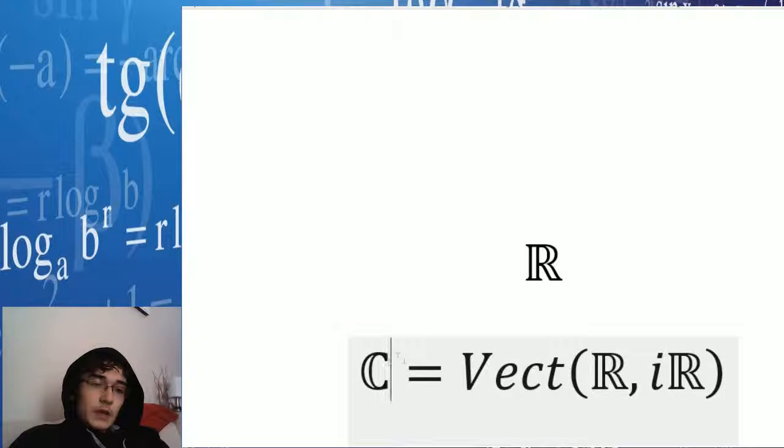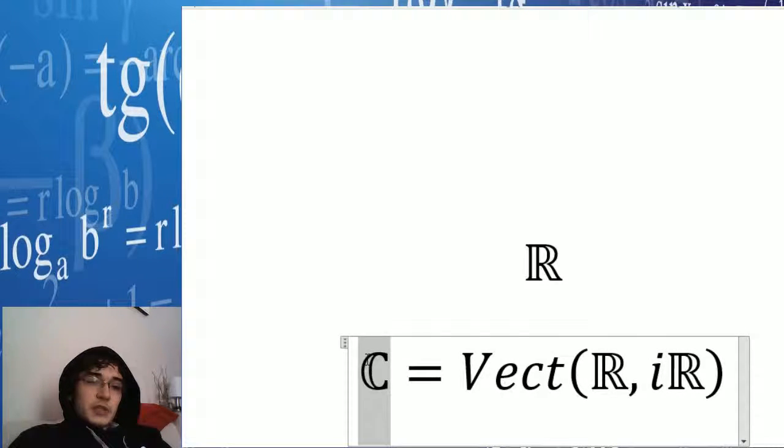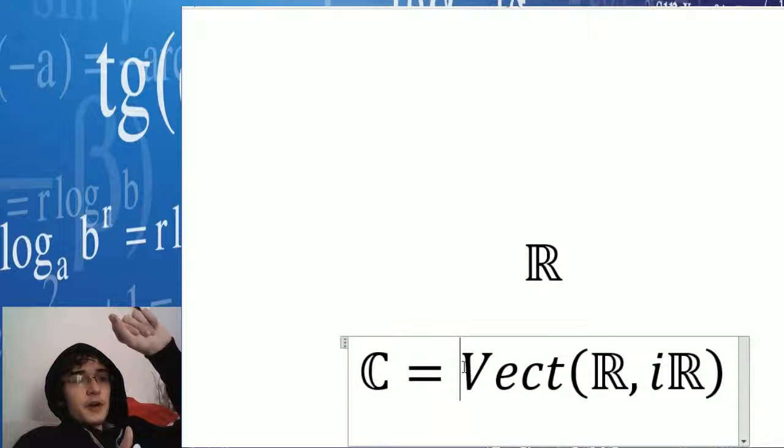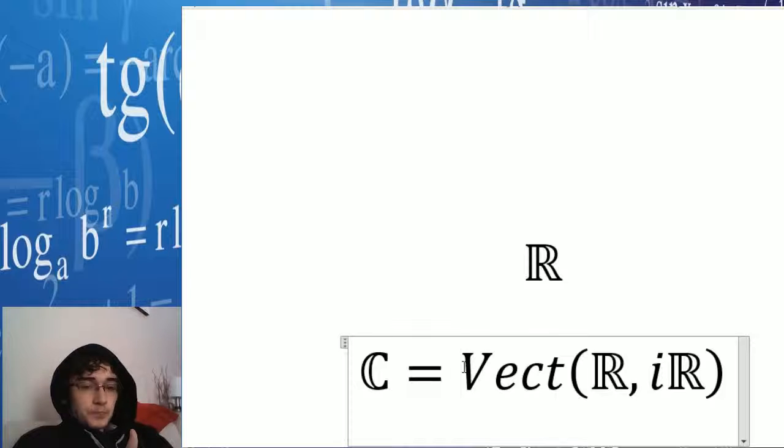But we'll consider here another group, which is another vectorial space, the complex numbers, represented by this letter C. It's a composition between one dimension of R and one dimension of iR, where i is a very special thingy mathematically speaking.